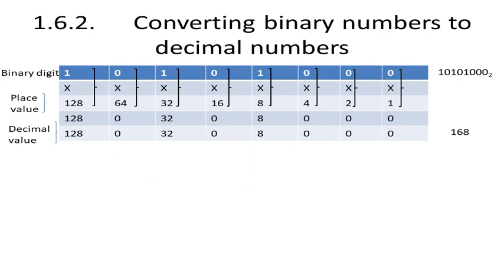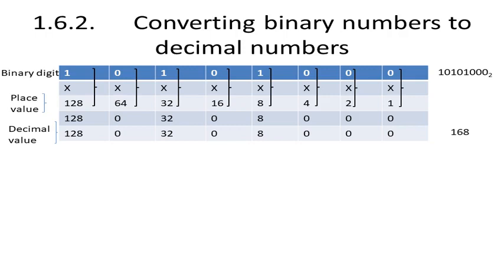When we convert a binary number into decimal format, we have to do a simple calculation. First, we write the binary number with some space, and then we write the place value of each digit.